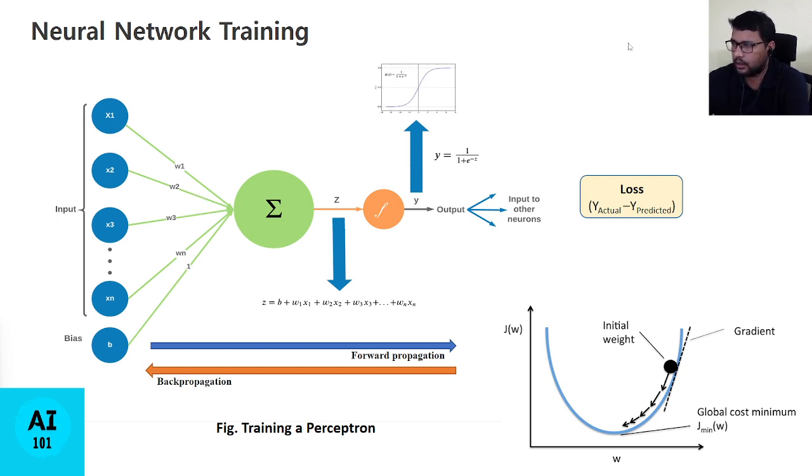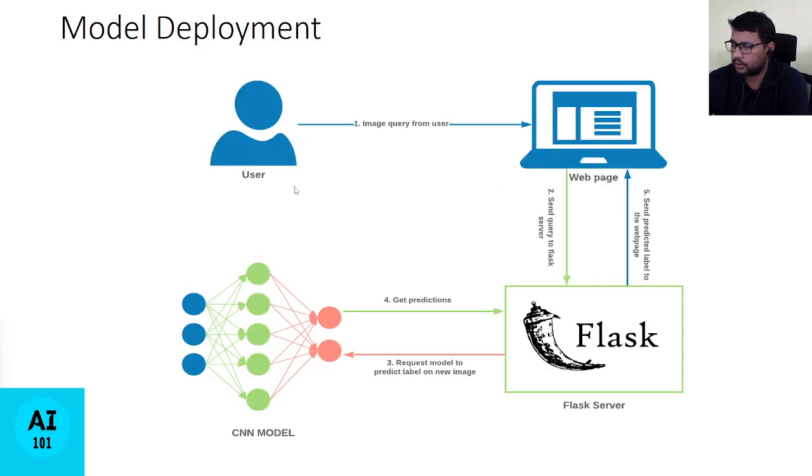This is the training process, and after training, the model should be deployed on a web page, or a web server, or sometimes on a mobile device, or sometimes on microchips, right? And we need to deploy it.